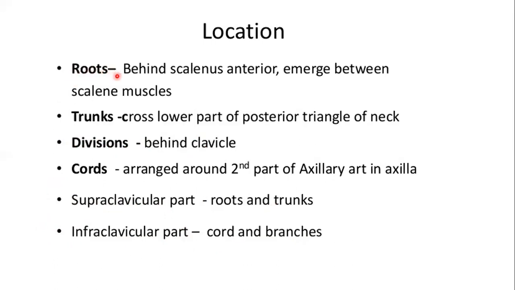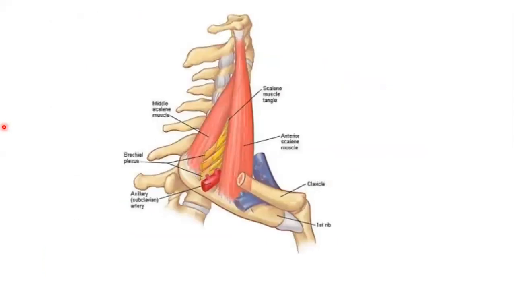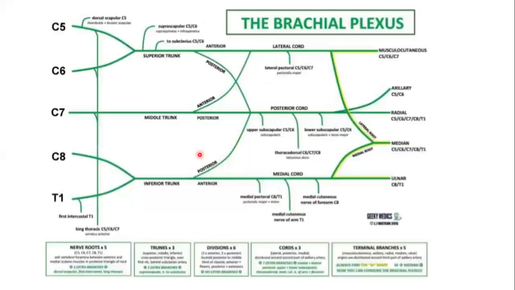The roots are situated behind the scalenus anterior muscle and emerge between the scalene muscles. Here you can see the middle scalene muscle and the anterior scalene muscle, and the roots arise in between these two muscles.